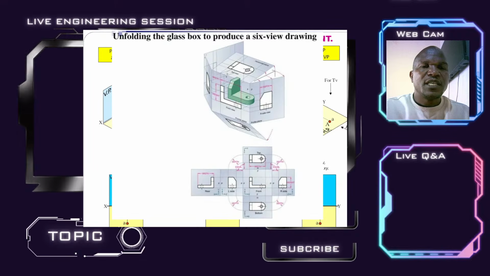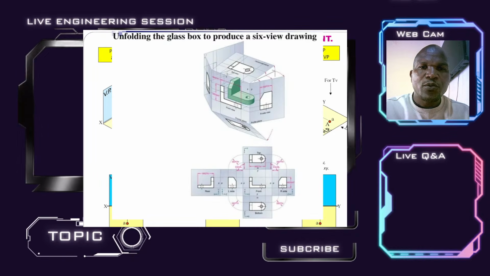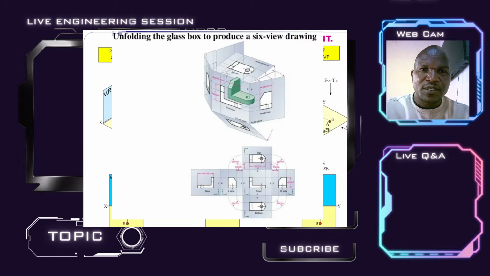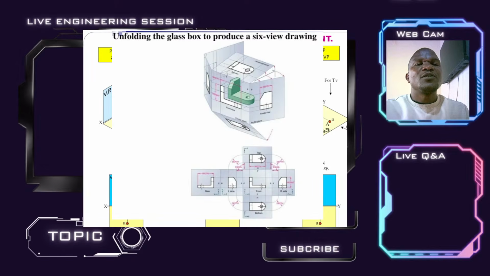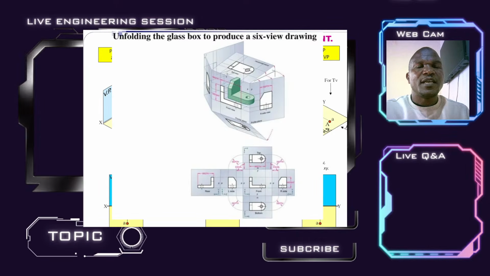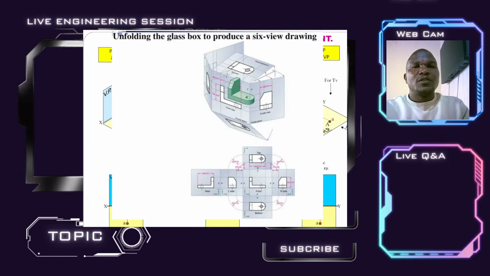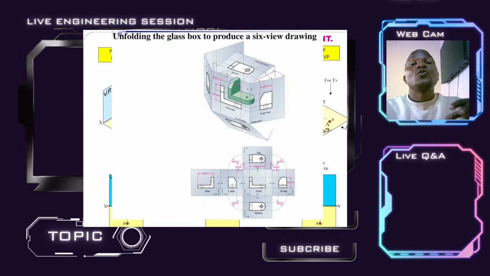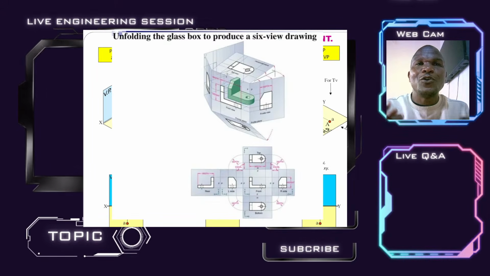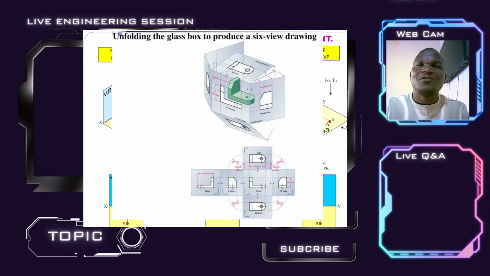Now, it's of utmost importance to pay attention, especially when you are dealing with orthographic views. I want to use the 6 principal views that I've just shown here. Take a box as it is, and I want you to visualize unfolding this box slowly.